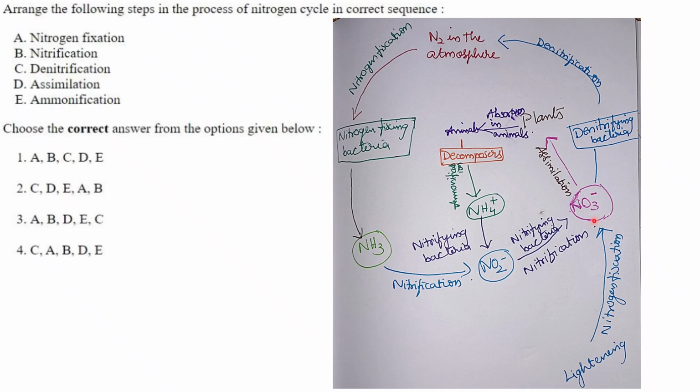So this cycle you have to remember for the rest of the paper, because so many questions they have asked directly as well as indirectly regarding nitrogen fixation. So first will be nitrogen fixation, then nitrification, then assimilation, then ammonification, then denitrification. Okay. So that makes A, B, D, E, C. A, B, D, E, C is option 3, the answer.